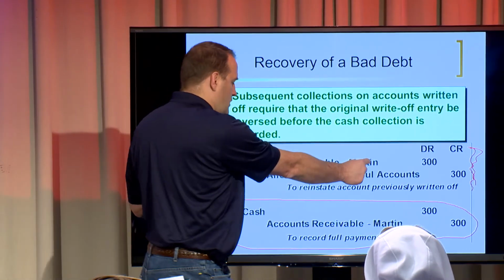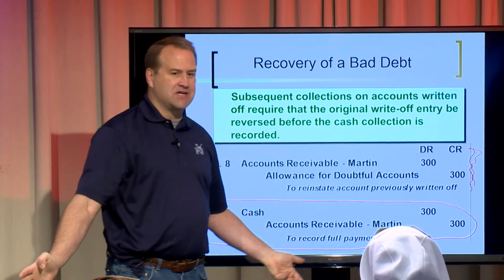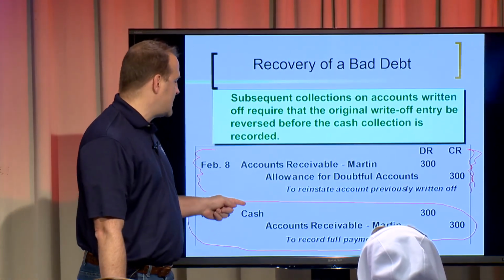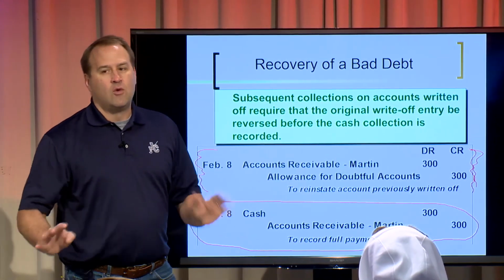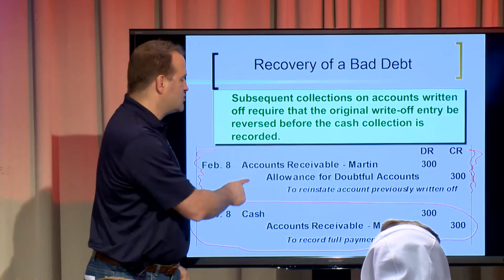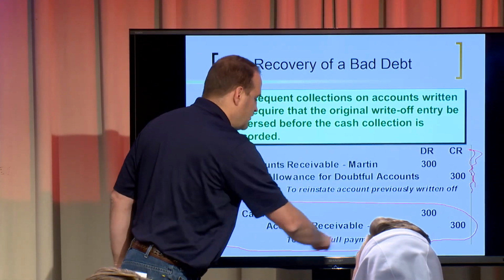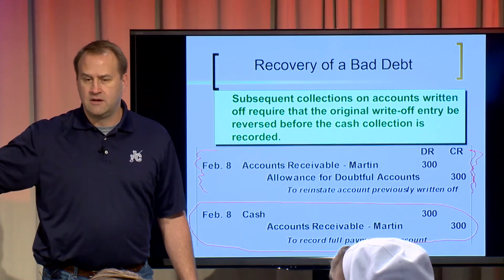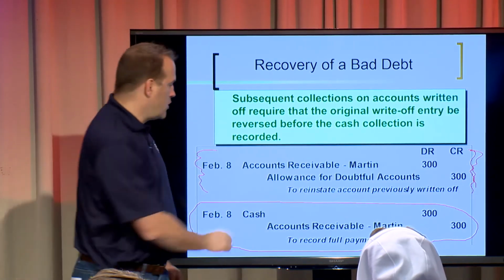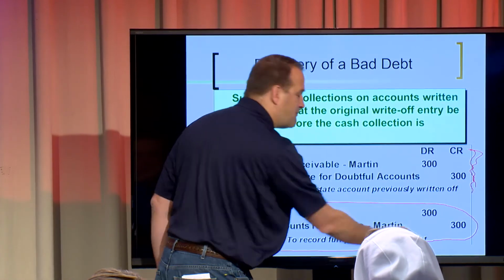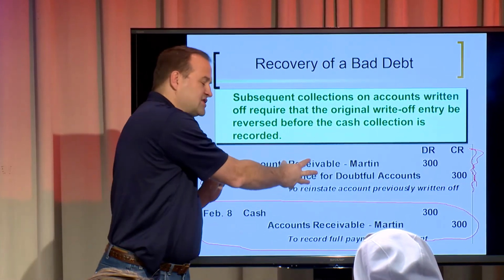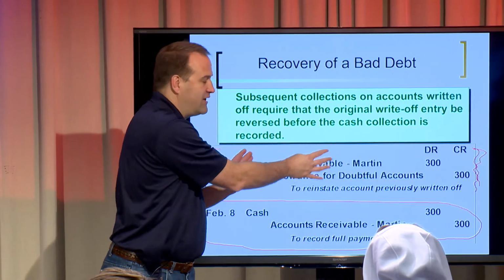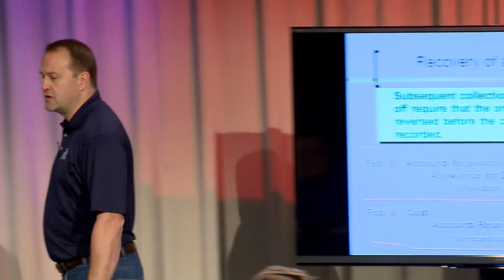We debit AR and then we immediately credit AR. That seems kind of dumb. Why don't we just do one entry and we debit cash and credit allowance? Well, the reason we do it this way is we want that activity to be recorded in the subsidiary customer detail. We want it to capture what happened here. So we reverse the entry we made when we wrote it off, and then we show the cash collection.